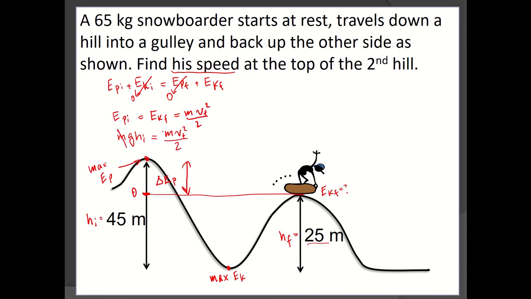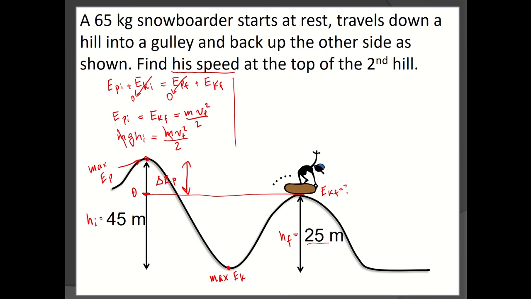The masses are going to be the same, so we can reduce those away. Now we're left with basically hi. Our hi here is going to be 45 minus 25, so that's going to be our initial height. That's one extra step you have to do on the side.